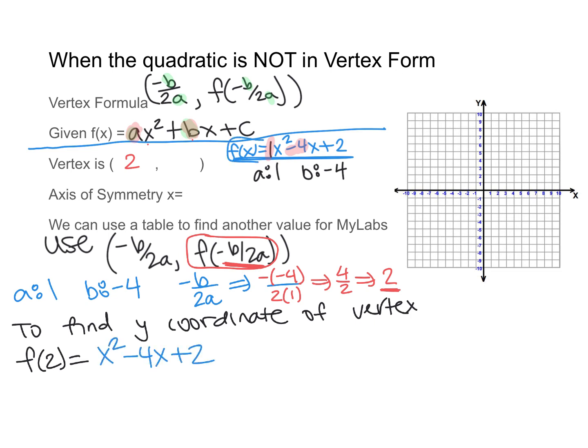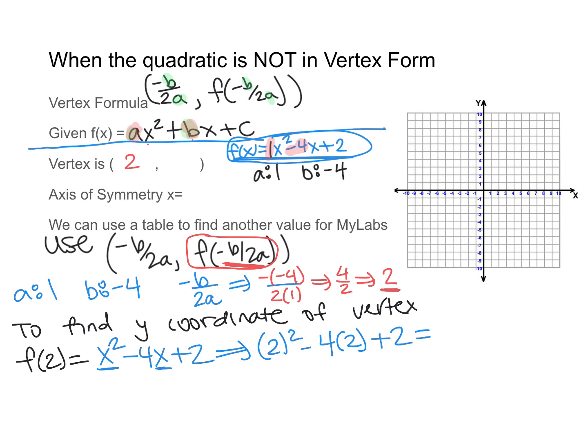So right here, I'm going to be plugging 2 in for x. I'll show my work for that. So I'm going to have 2 squared minus 4 times 2 plus 2. At this point, you can use your calculator if you want to type that in, or you can do it by hand. That would be up to you.